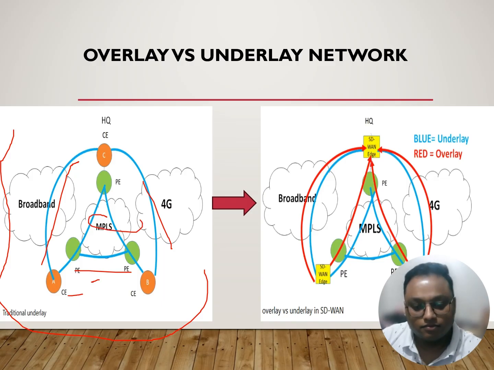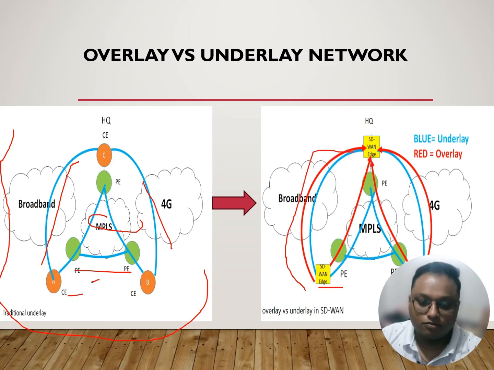In the overlay section, at the CE side we have SD-WAN edge devices, and they create a tunnel to the controller. So it makes an overlay over the same underlay. Blue is for underlay and red is for overlay.